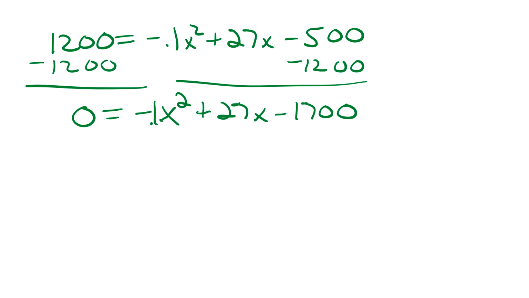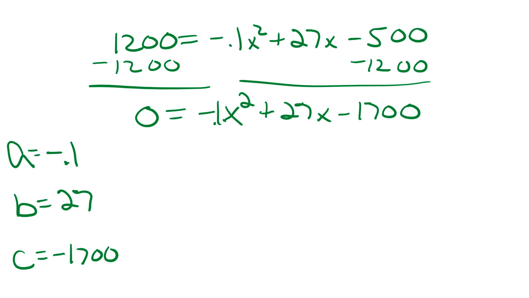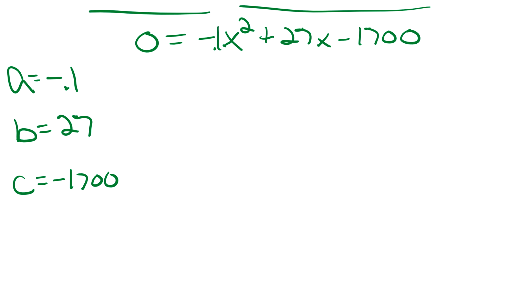And now I can list my ABCs. So A equals -0.1, B is going to equal 27, and C is going to equal -1,700. Okay, quadratic formula.